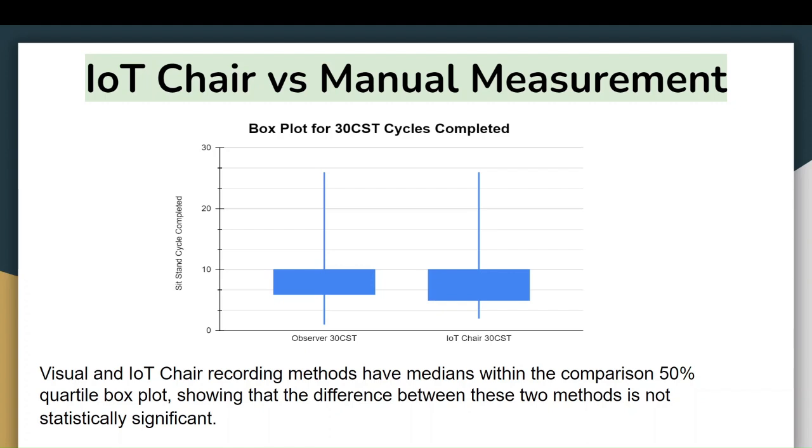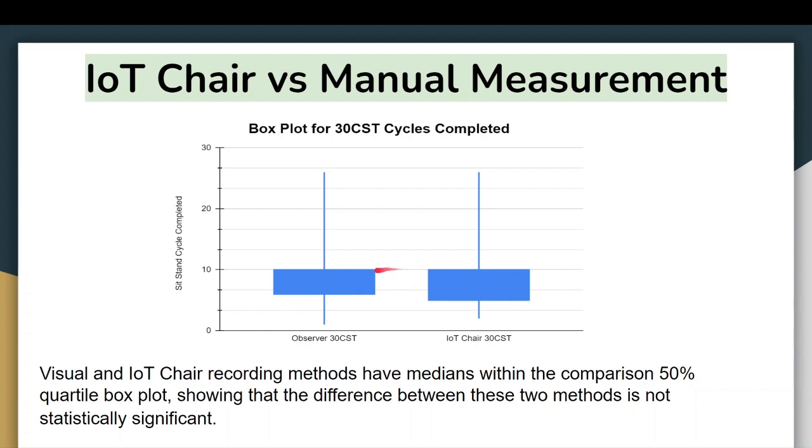And so to compare the IoT chair and the manual measurements, what we did is that we took all the data that we collected during our test and we plotted it in the form of box plots. And so on the left is the observer recorded trials, on the right is the IoT chair trials.